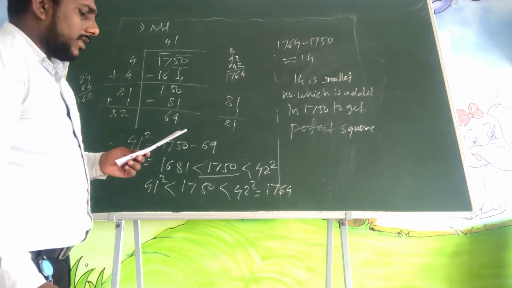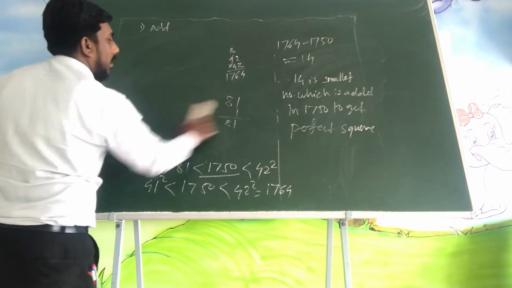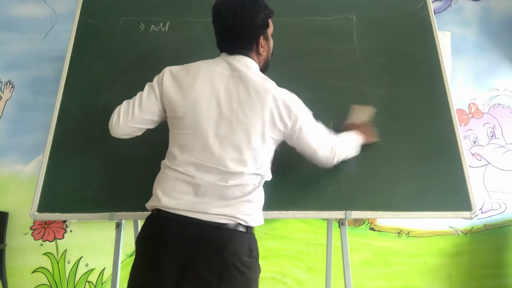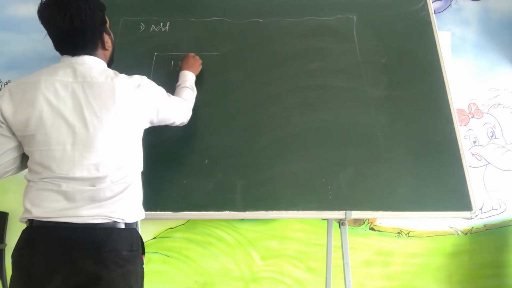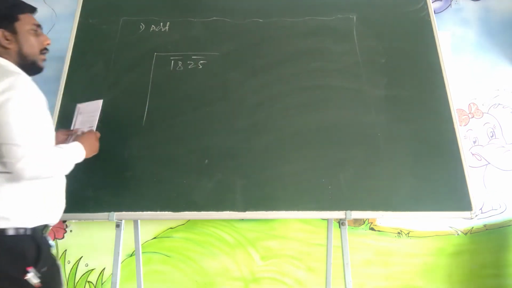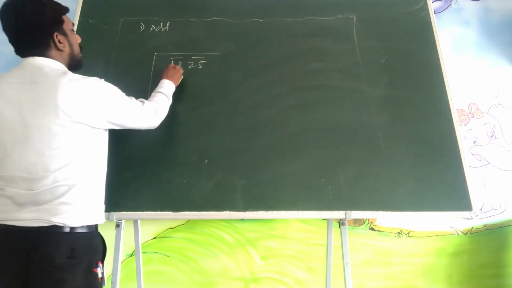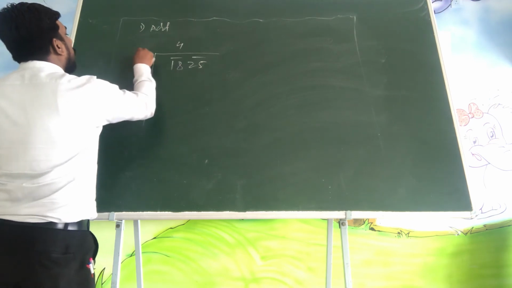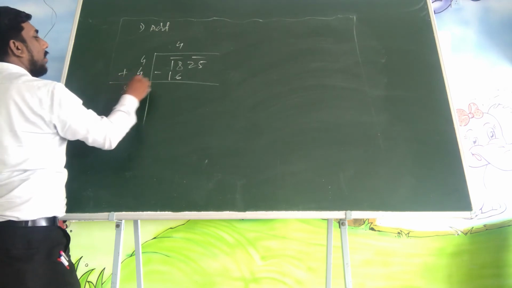Next number we can just check, 1825. So 1825, which is the nearest square number? 18 minus 16, what is remaining here? 2.